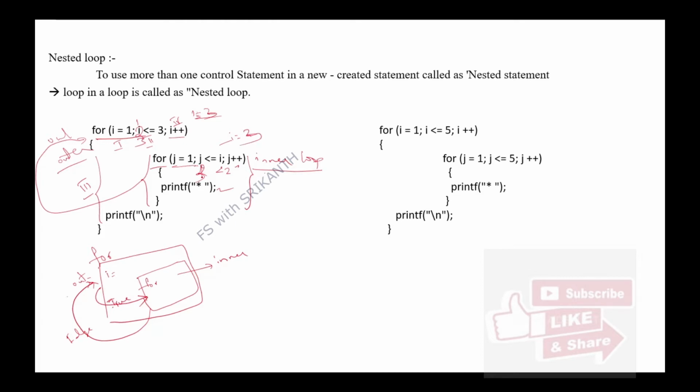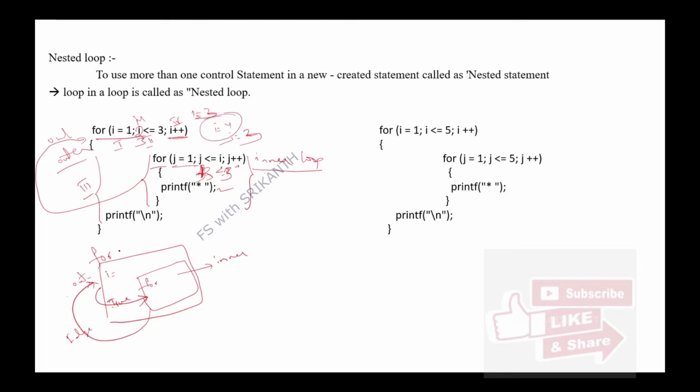Again j starts from 1, and 1 <= 3 is true, and j prints, updates, and checks the condition: 2 <= 3 is true, and 3 <= 3 is true. Then j is updated again, but the j condition is false. Again the trigger is forwarded to the outer loop, the i value is increased to 4, and 4 <= 3 is false.